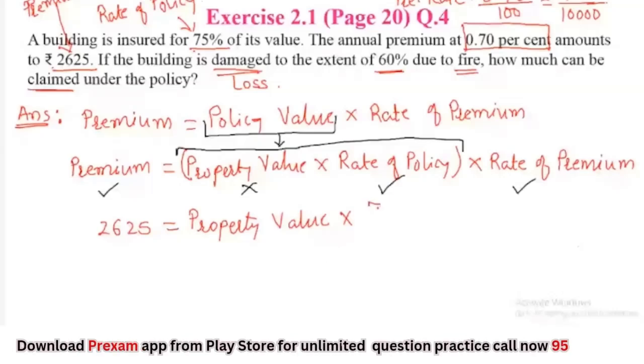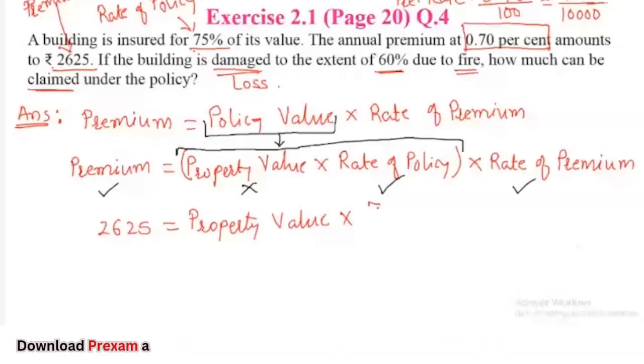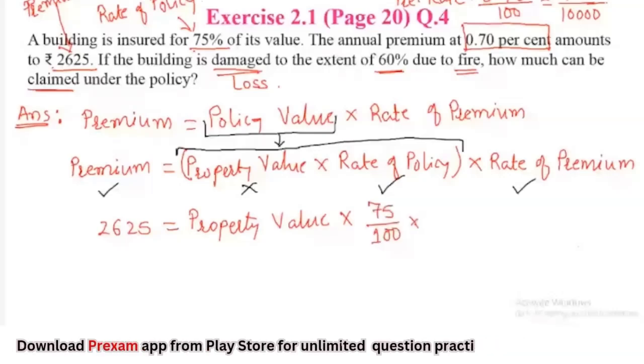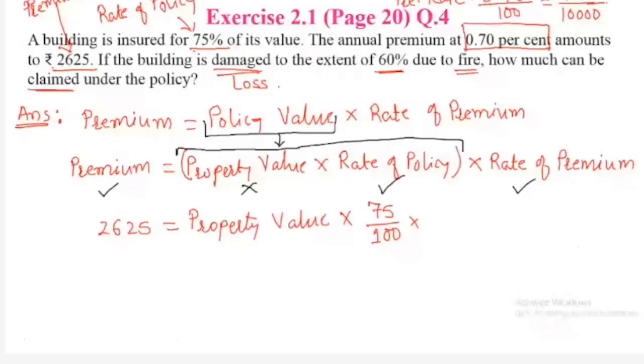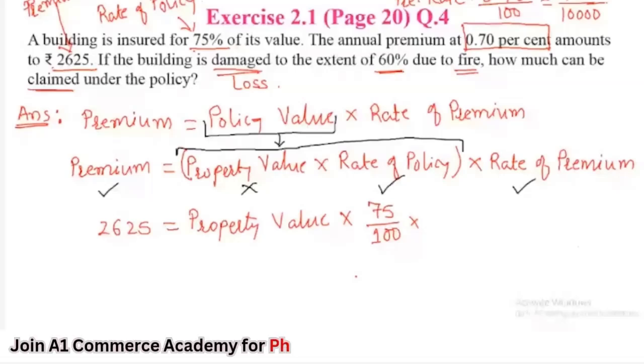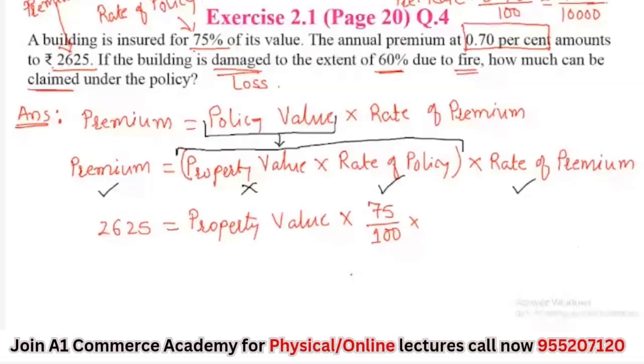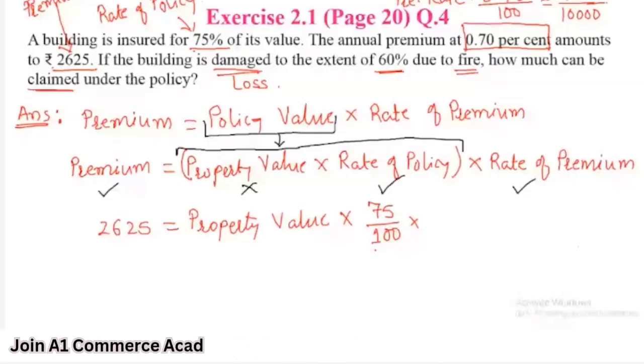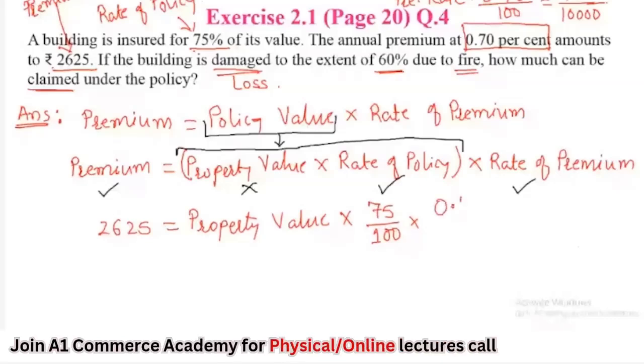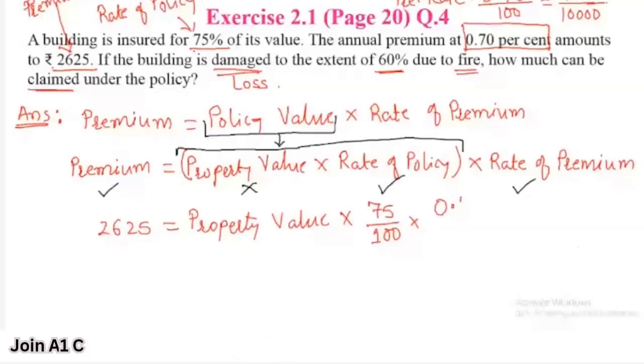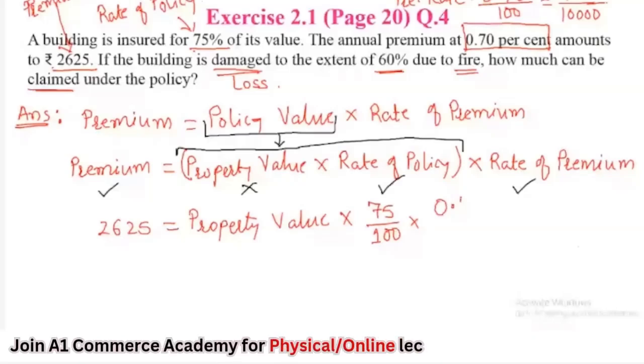75%. That is 75 upon 100 into rate of premium. What is rate of premium? Premium rate is how much? 0.70 upon 100. It's not 70%, Amit.